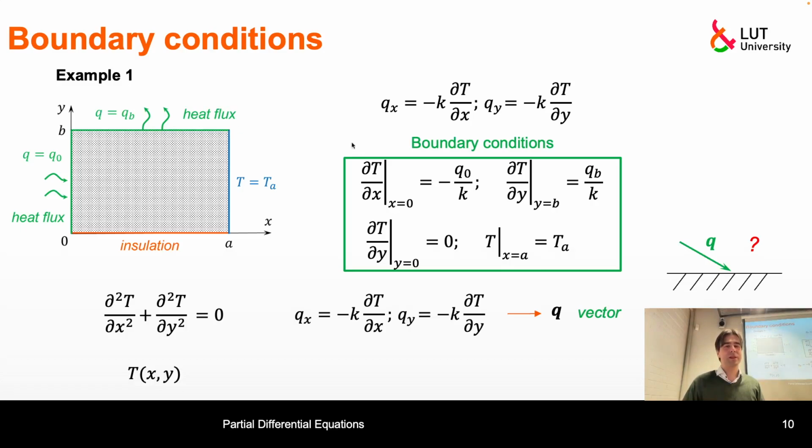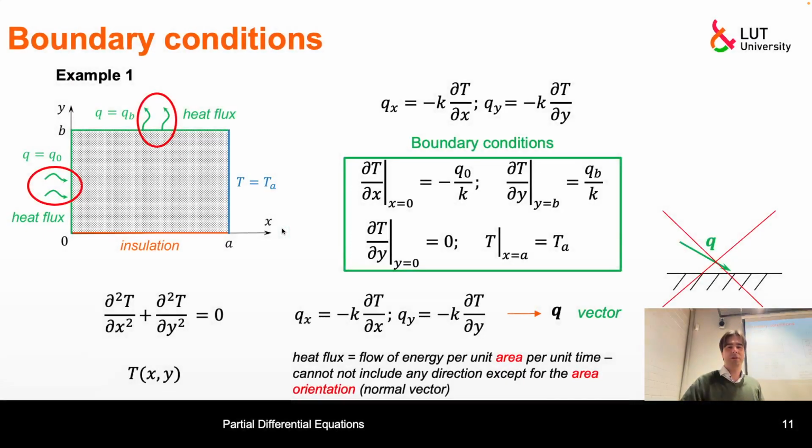But we cannot do things like that, because there is no physical direction inside this vector. If you remember the definition that I put in one of the first slides, it's energy per area per time. I put here this word flow, energy, that's how it propagates, across some area. So energy doesn't have any direction, it's a scalar quantity.